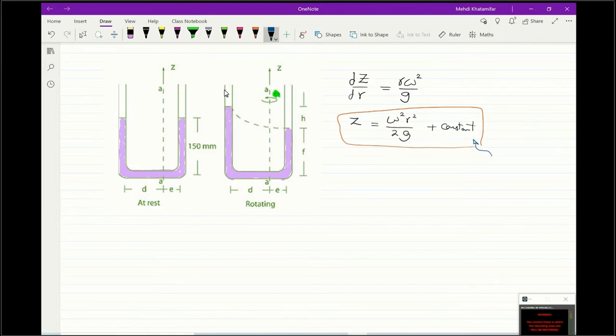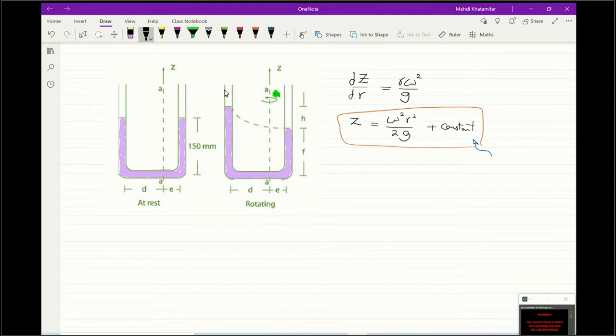The pressure was 0 and the height was given, so we easily found this constant. But this time we don't have this information, but we have the information for the left leg and right leg. So how am I going to get rid of this constant?